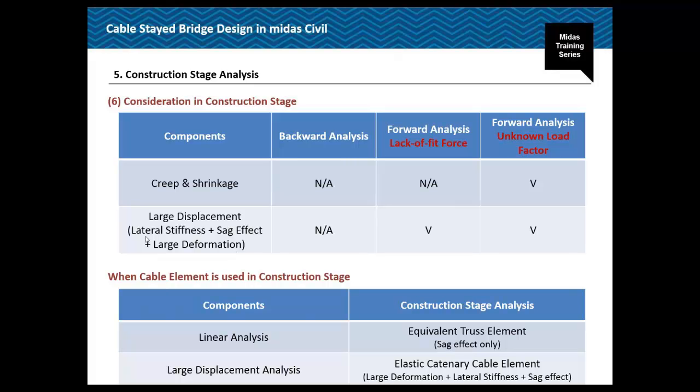One is lateral stiffness, and the other is axial stiffness, which is also called the sag effect. And the third one is the change of the geometry, the large displacement. So these three effects are what I'm referring to as large displacement. And in the backward analysis, both of them could not be considered.